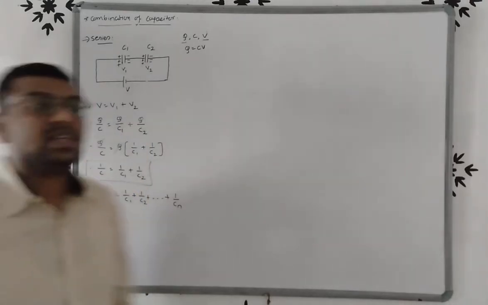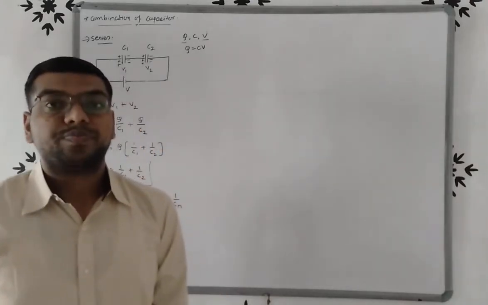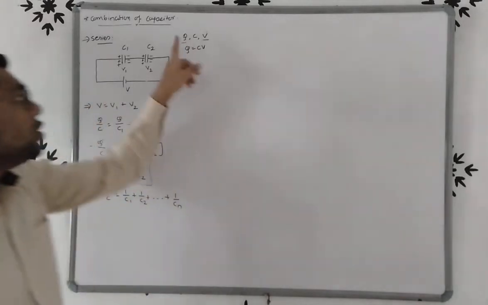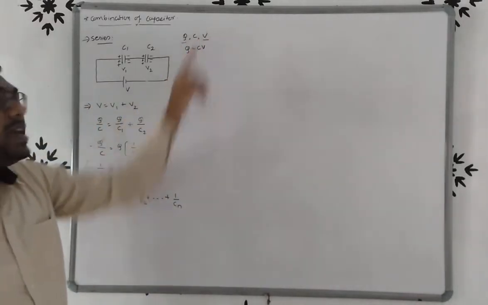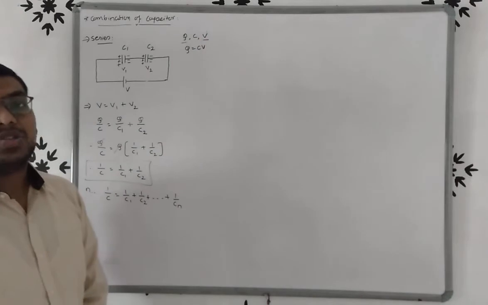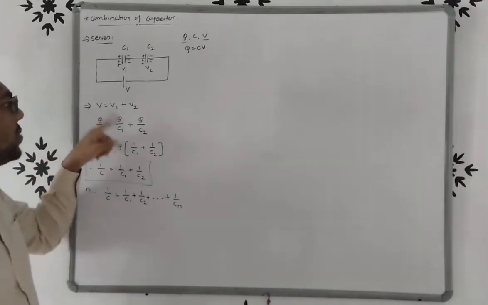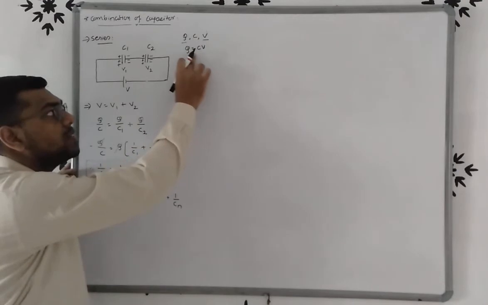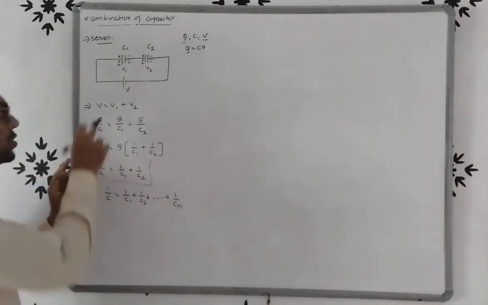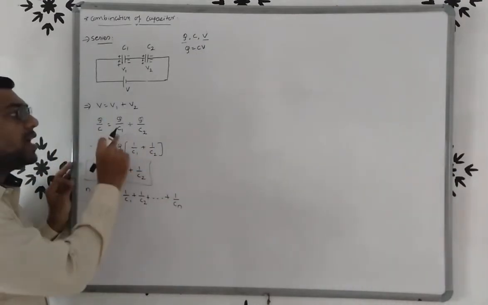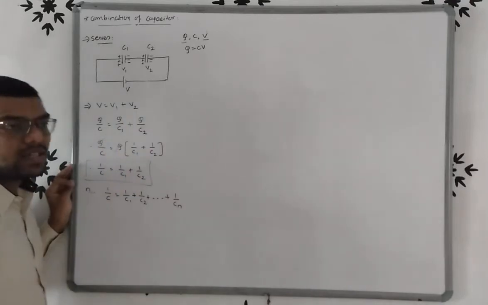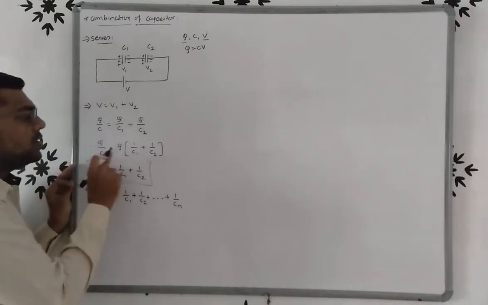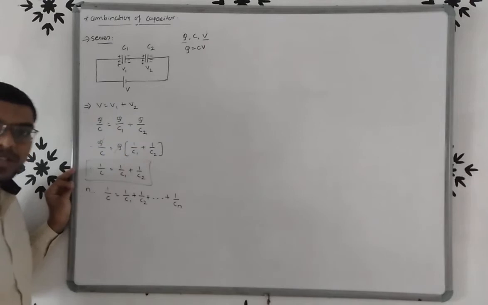In series combination Q will remain the same but V changes. So V is equal to V1 plus V2, but from the equation Q is equal to CV, V is equal to Q by C. So Q by C is equal to Q by C1 plus Q by C2. Here we take Q common, so 1 upon C1 plus 1 upon C2.